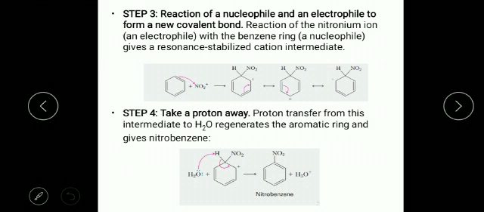You can see in nitration, benzene and the nitronium ion form a covalent bond, and it gives 3 resonance stabilized structures. After that, in the last step, the fourth step, it takes a proton away, and it goes to the water molecule to form H3O+ and nitrobenzene, and like this in sulfonation it forms sulfobenzene.